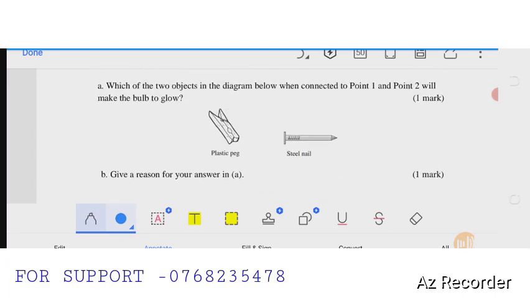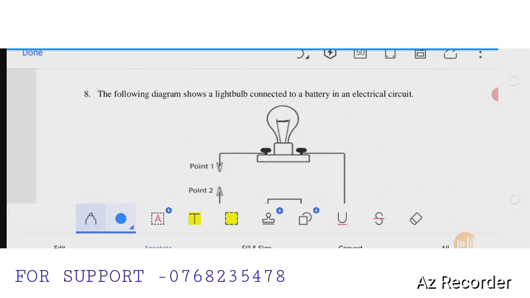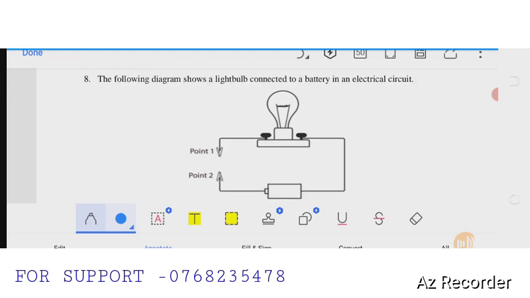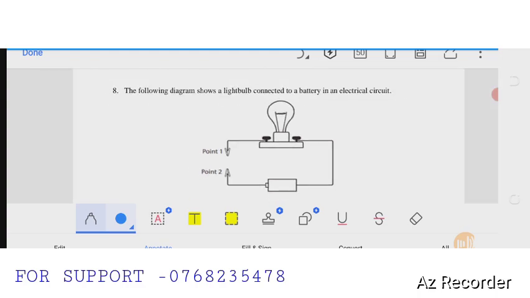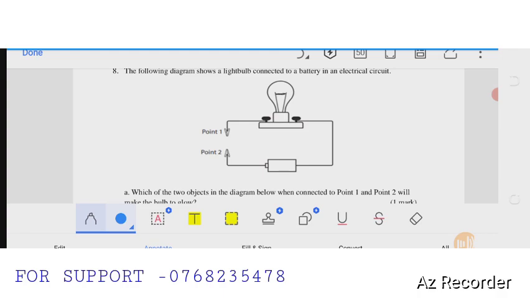is the second last question, which is question 8, says that the following diagram shows a light bulb and a battery in an electrical circuit. Remember, an electrical circuit is the path taken by the electricity from one point of the terminal to another.